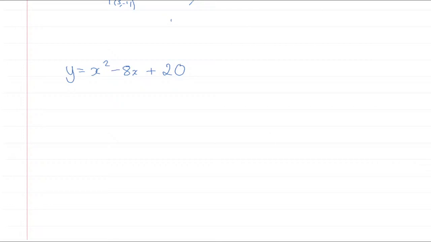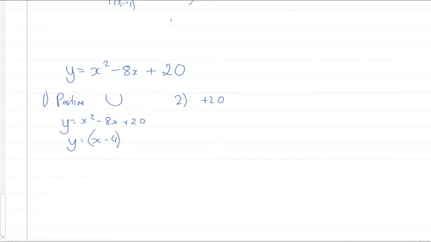Okay? It's a positive. We know that it's positive, so we know that it's a U shape like that. We know that it's crossing at plus 20. If I complete the square for this, I end up with y is equal to x minus 4 all squared minus 16 plus 20, which gives you x minus 4 all squared plus 4.